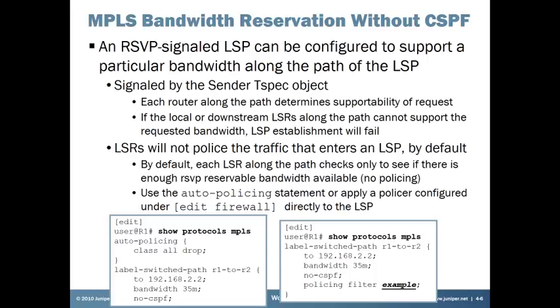When we say class, we're talking about class of service, so we're talking about prioritization, best effort, expedited forwarding, and so on. So we could say, we're just going to drop all the best-effort traffic, but we're still going to pass our other traffic, even if it goes over that bandwidth. So you have some options for how you do this. You can police the traffic, you just have to add it in. It doesn't happen by default, but it's not hard at all to do.